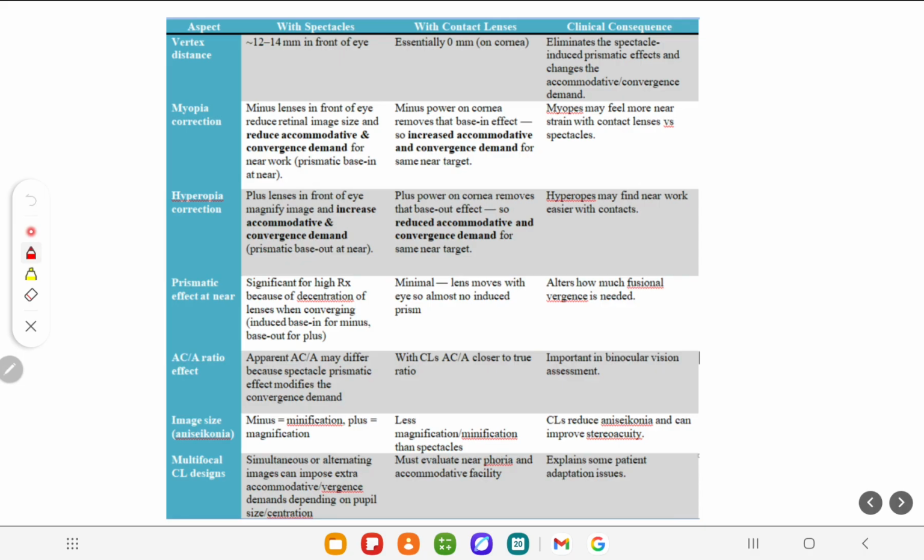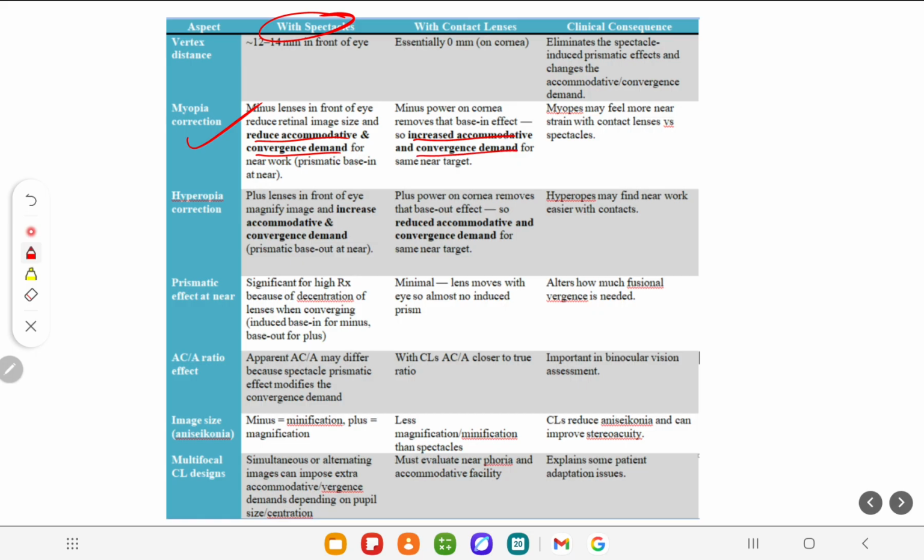So let me summarize this convergence and these things. Myopic correction: a minus lens in front of the eye reduces the retinal image, we know that, and reduces the accommodation and convergence demand with spectacles. But switching to contact lenses increases the accommodation and convergence demand. That's important.